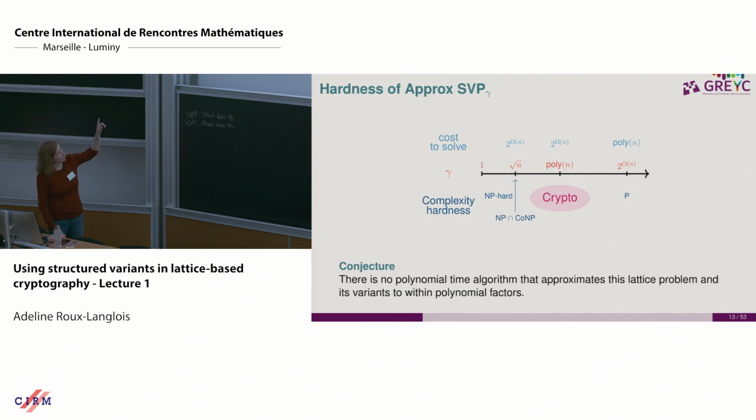The best known algorithm, so on the top, the cost to solve it, are still exponential in the dimension. Okay. You can go up to gamma, which is polynomial in the dimension of your lattice, and it will stay very hard to solve. The best known algorithm for gamma, the approximation factor polynomial in the dimension of your lattice, still has an exponential complexity.